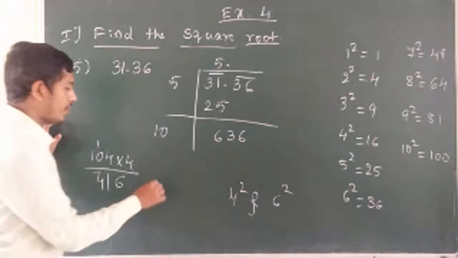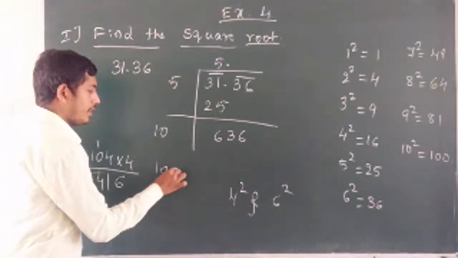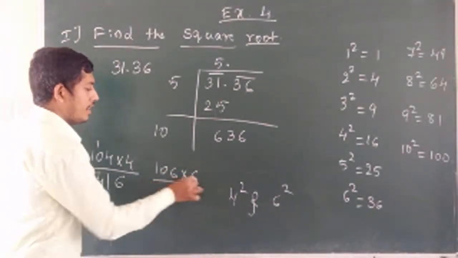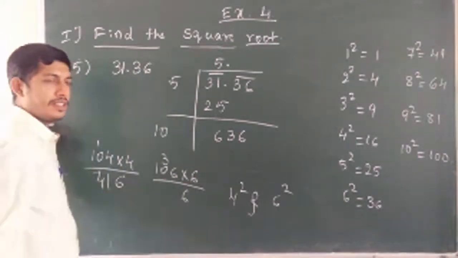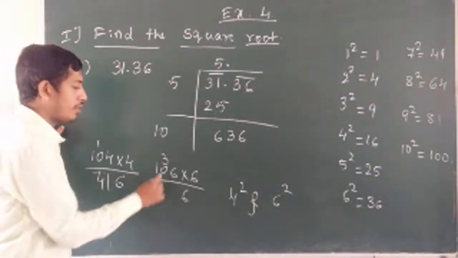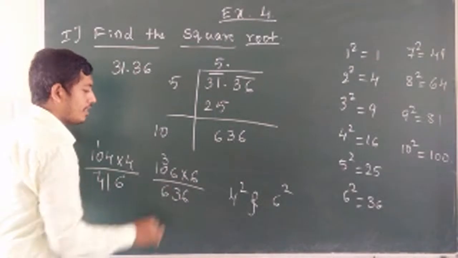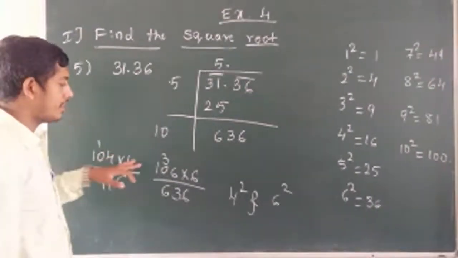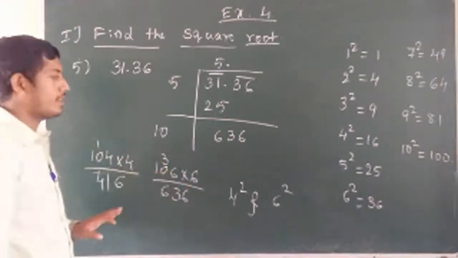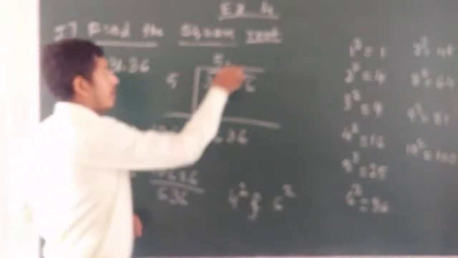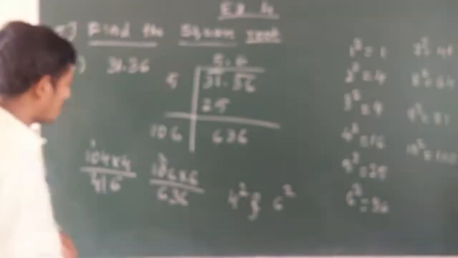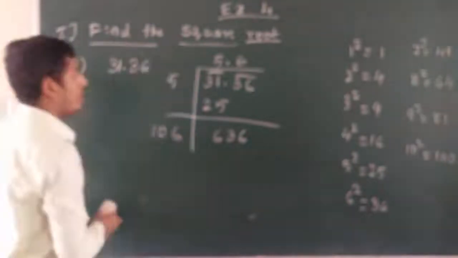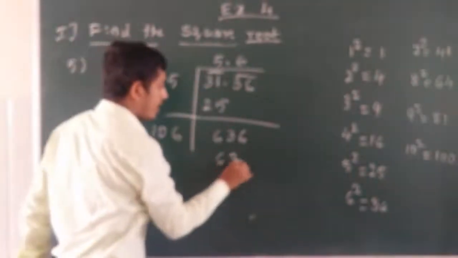Then I will check for the second one. 10, then I will consider 6. 6 6s are 36. Then 6 into 0.1, 6 1s are 6. We are getting the answer 636 by multiplying 106 into 6. So therefore 106 into 6 gives 636.